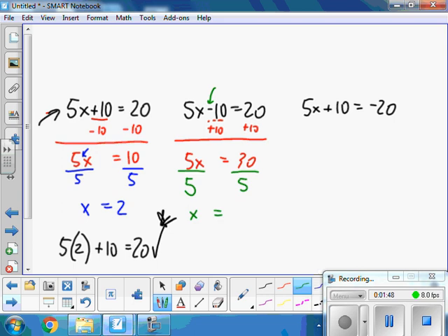So 5 divided by 5 is 1x. 30 divided by 5 is 6. And so x equals 6. So I'm going to plug it in. 5 times 6 minus 10 equals 20. And that's 30 minus 10, which is 20, and that is true.